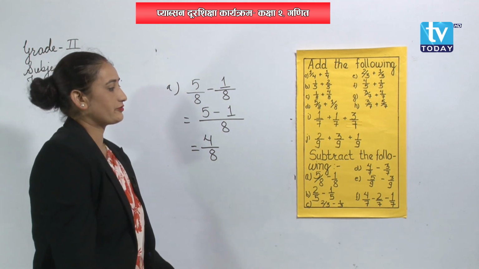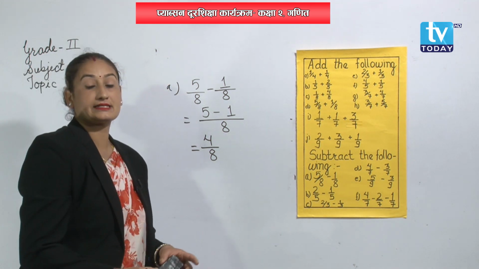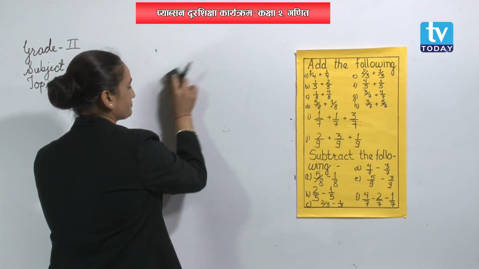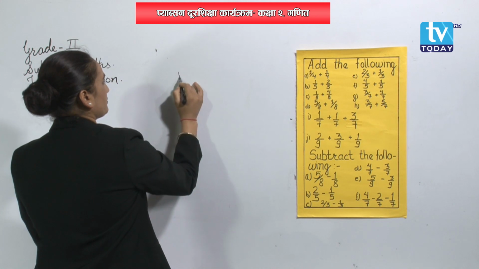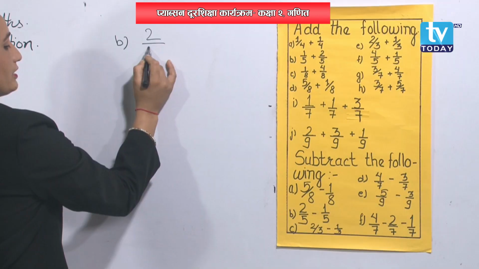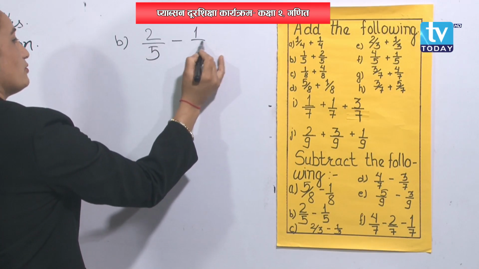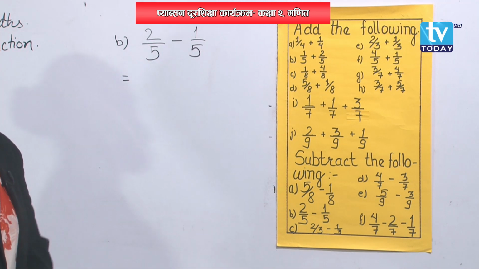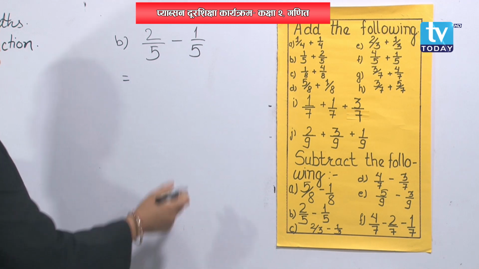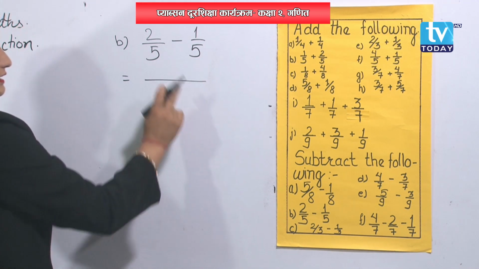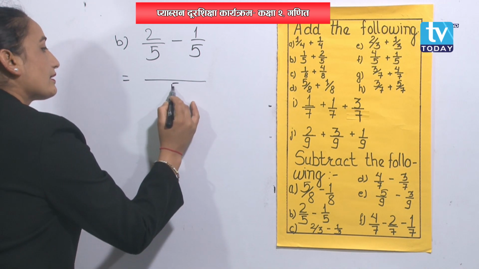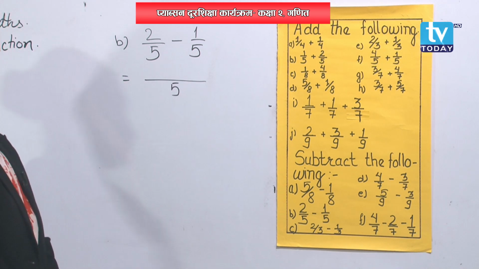Okay. Now, it's time for the next question. The next question is 2/5 minus 1/5. So, student, have a look over here. Same as before, let's take 5 and 5 as a single common number, 5.